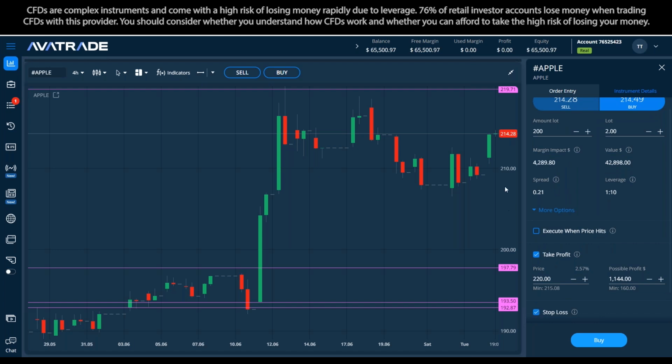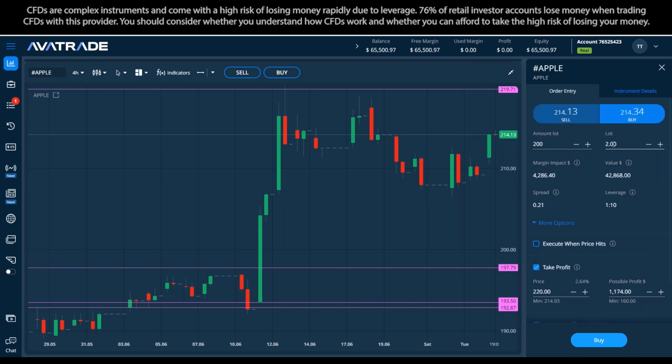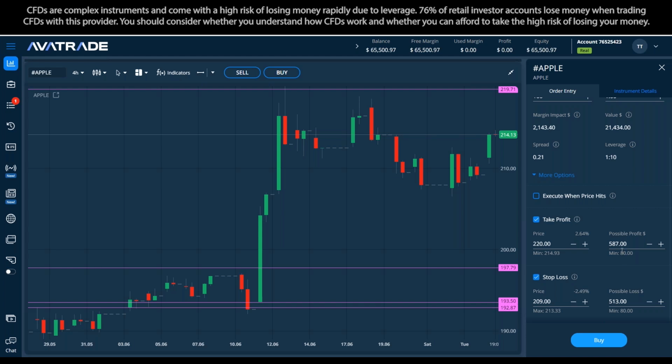Stop loss, you could just go below today's open. So stop loss down at 210. Or 209. Okay, and so you're risking a bit less than the potential profit. And now you just adjust the trade size to the amount that makes sense for you. One lot, I'm risking 513 to try and make 587.